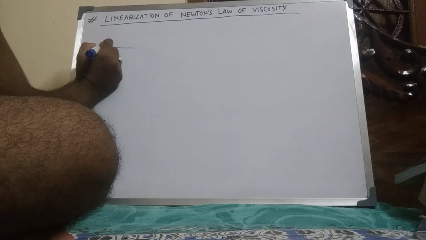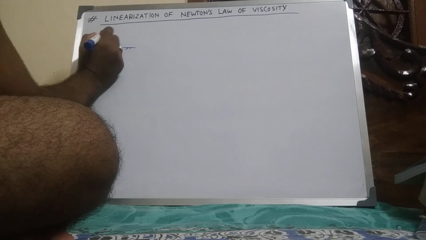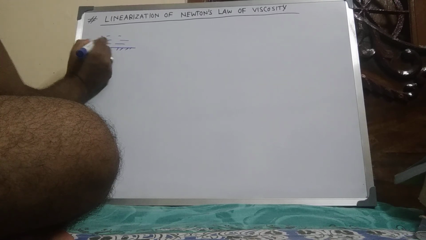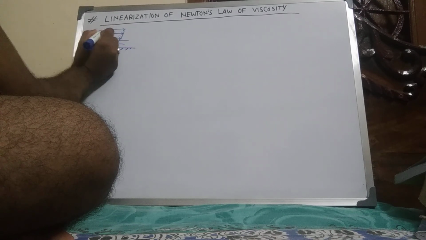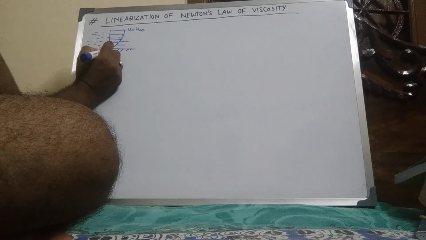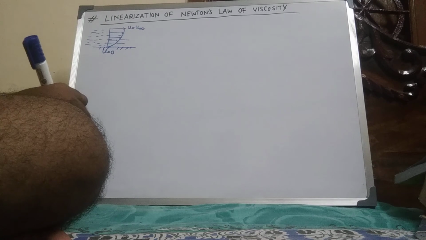When fluid is flowing over a solid boundary, the velocity distribution is like that. This is the free stream velocity. Here near the solid boundary, this value is 0. This is no slip condition.